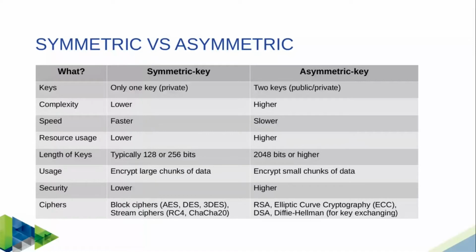I would mention two that I know are used, RC4 and ChaCha20. For asymmetric keys, the two most used are RSA and elliptic curve cryptography, ECC. Those are the most common, at least as far as I know.